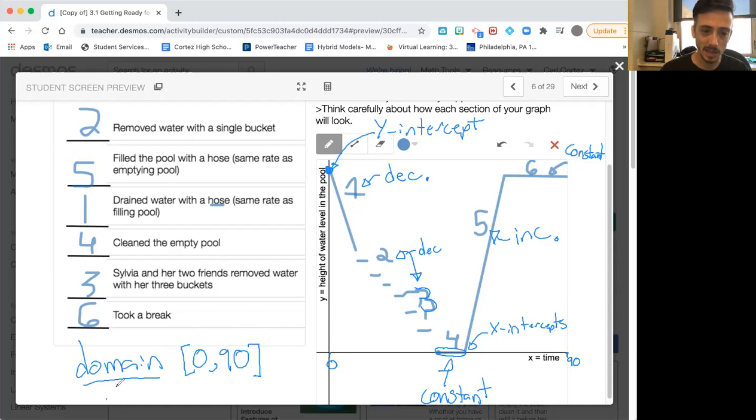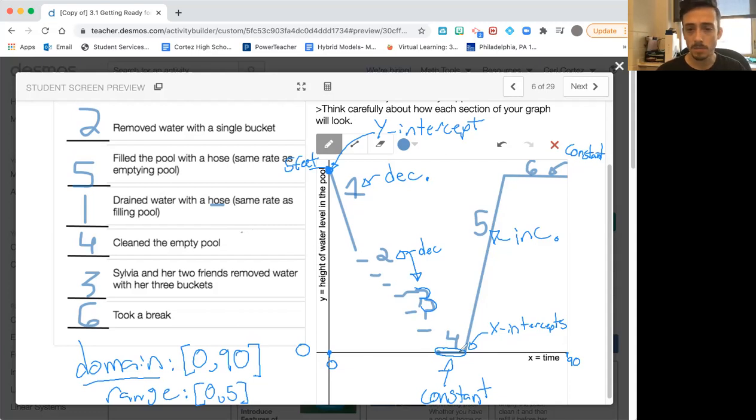And I'm going to say that this down here is when, what's the height of the pool? Let's say that this pool is maxed out at 5 feet. So I'm going to say that my range is from 0 to 5 feet. And again, you could use different numbers if you want.